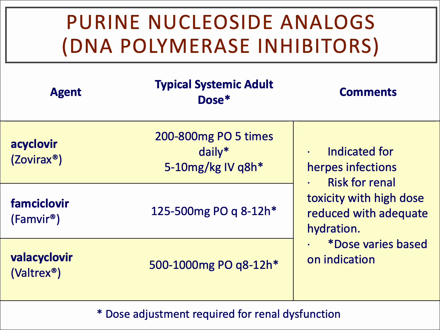All of these agents, the family of agents, both acyclovir but then also famciclovir and valacyclovir, for most herpes infections, can be used interchangeably if the dose is adjusted appropriately.